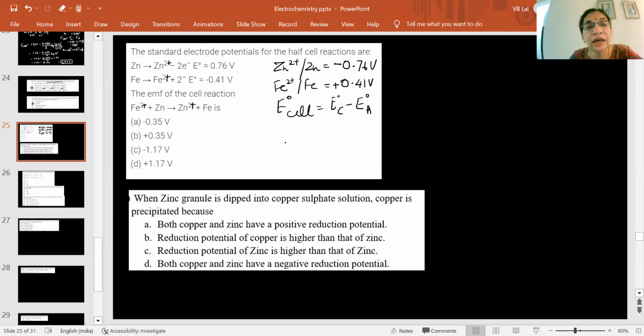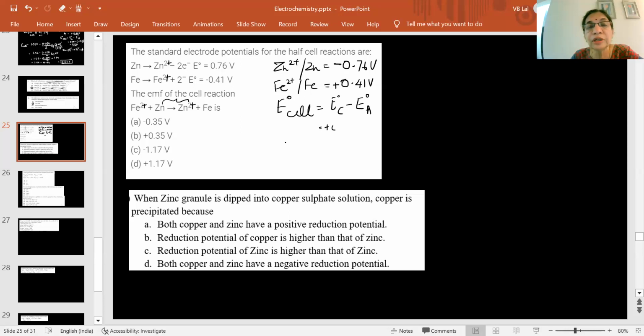Now, what is the anode here? Where oxidation is taking place. According to this reaction, this is the anode, the one which has the lower reduction potential, so that we should write. And the cathode is where reduction is taking place. That is iron.